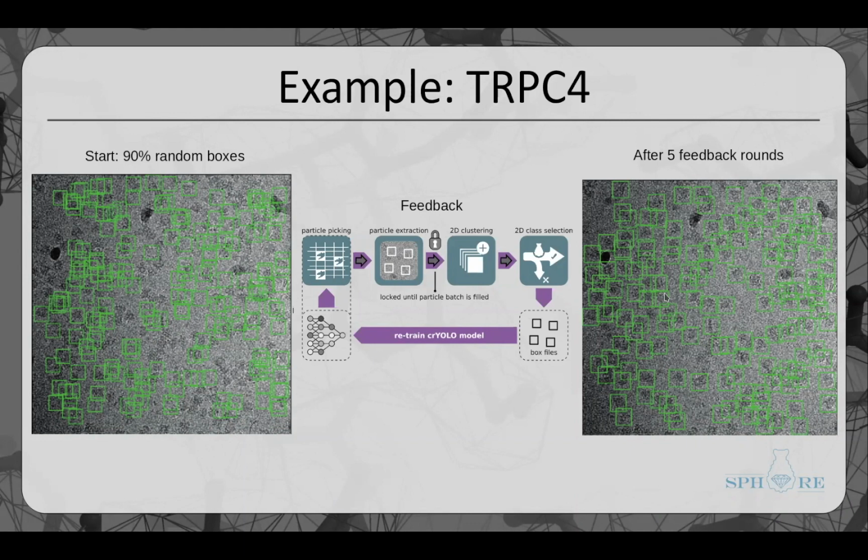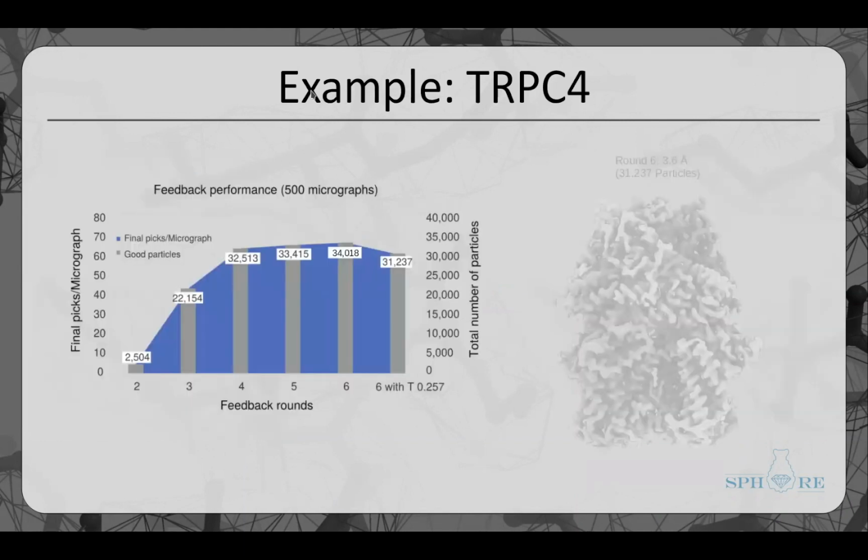And also the statistics are quite impressive. Initially we start with less than 10 good particles per micrograph. And after a couple of rounds of feedback, we are getting more than 60 good particles per micrograph.